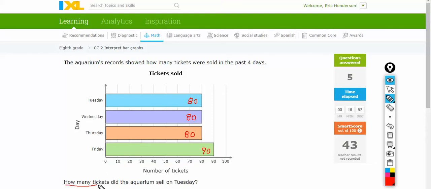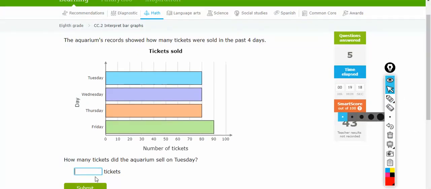How many tickets? So these are the number of tickets. And then it says on Tuesday. So this is Tuesday. So I'm going to go with 80. They sold 80 tickets on Tuesday.